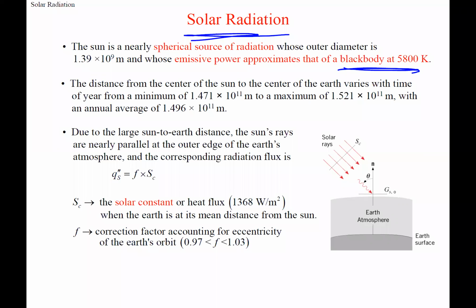We already looked at the spherical shape of the sun, diameter, and distances. One other thing we have is the solar constant, where we already used this solar heat flux of 1368 in one of the previous examples. And for eccentricity in the Earth's orbit, we can modify it slightly.